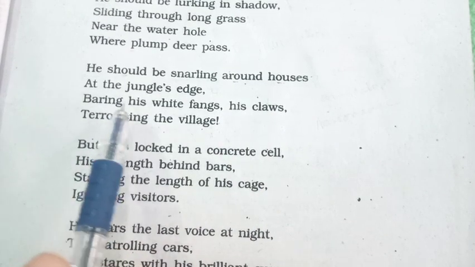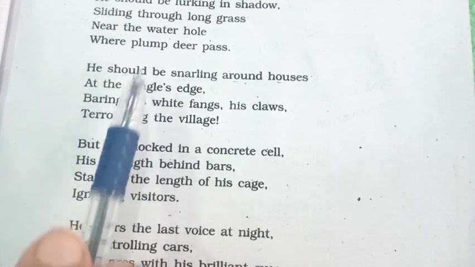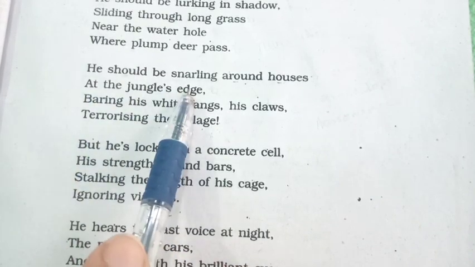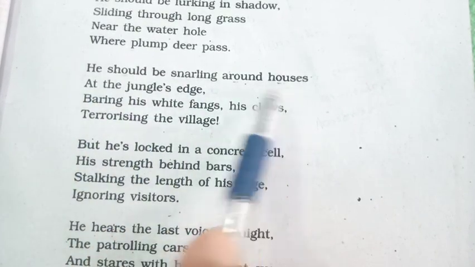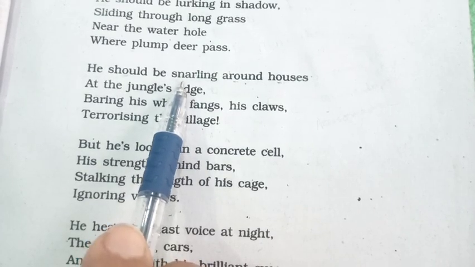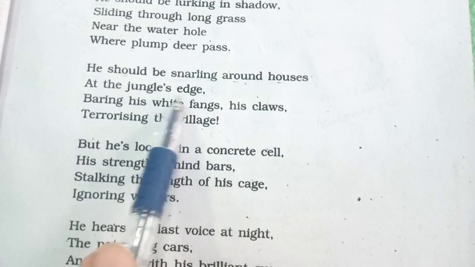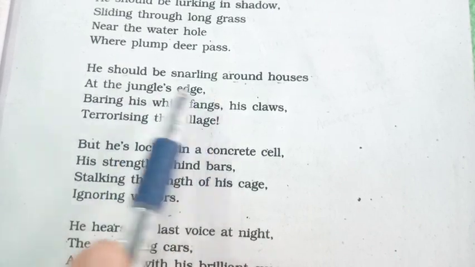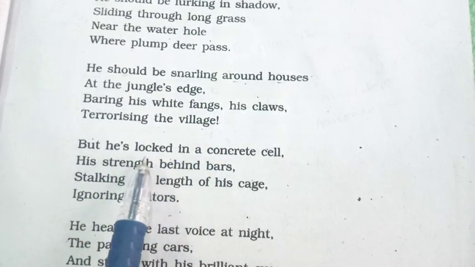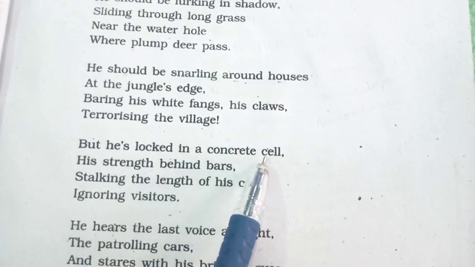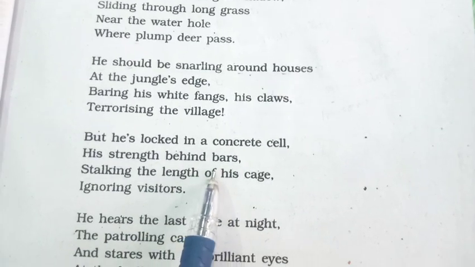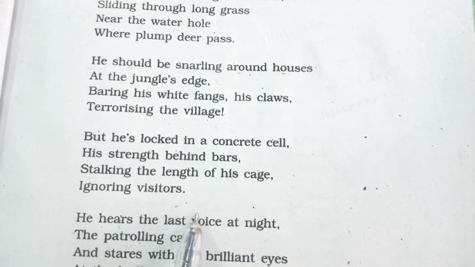So here the poet wants the caged tiger to be snarling and growling around the houses near the villages, at the edge of the jungle. "But he is locked in a concrete cell, his strength behind bars, stalking the length of his cage, ignoring visitors."